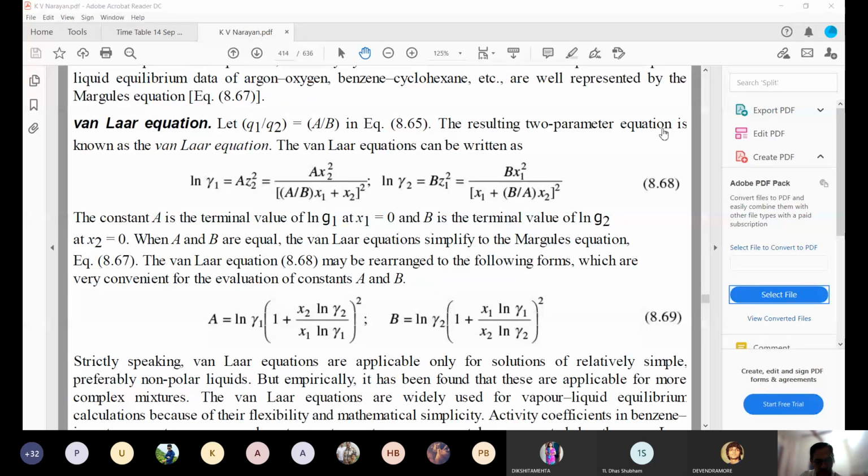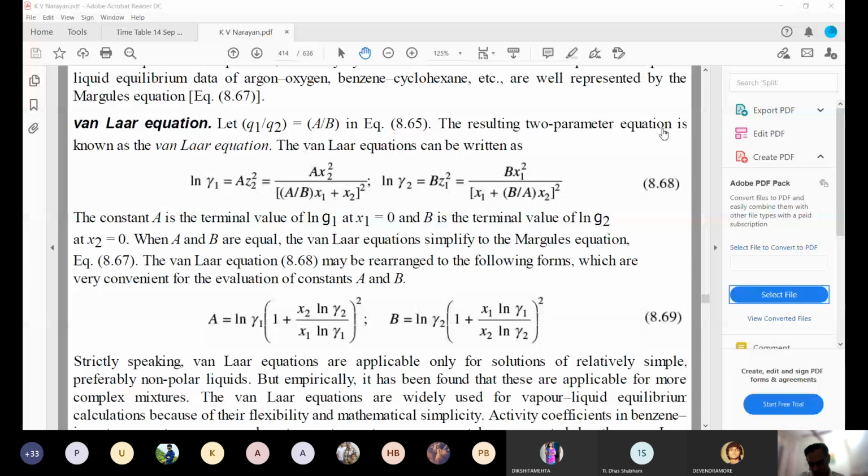Whoever has finished A and B, raise your hand, others too. Find gamma 1 and gamma 2 for hydrazine equal to 20%.